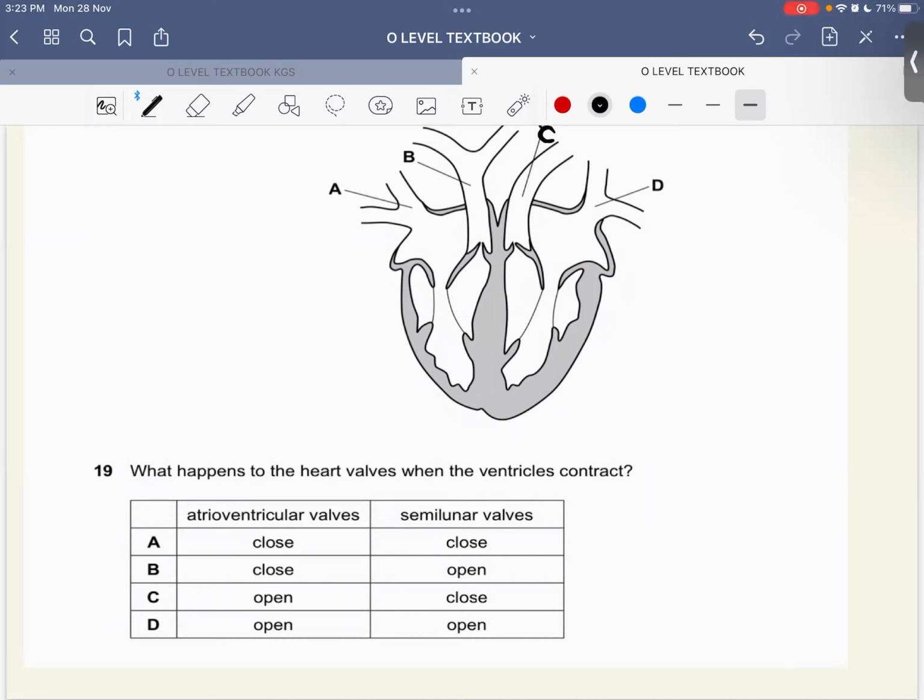Your ventricles are squeezing. ये squeeze हो रहे हैं, इनको squeeze होके आगे भेजना है. So अच्छा, एक सेकेंड. The atrioventricular valve ऊपर होता है तो वो हो जाएगा बंद. It will close, and then the semilunar valve would open. So sorry, it's going to be B. Correct.